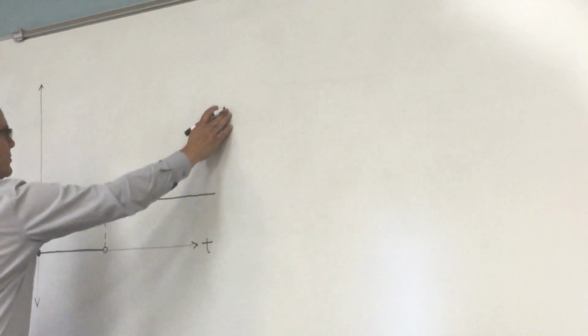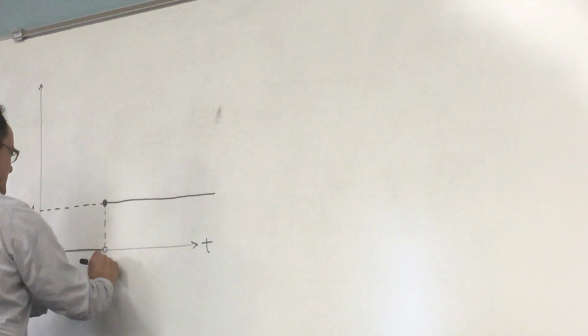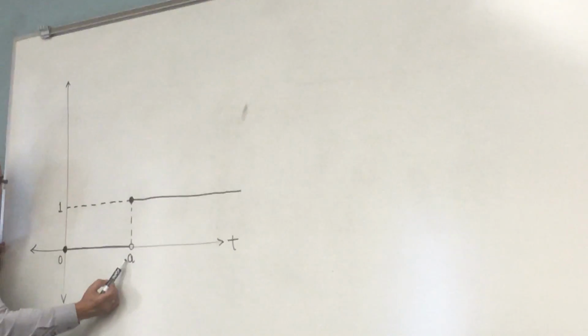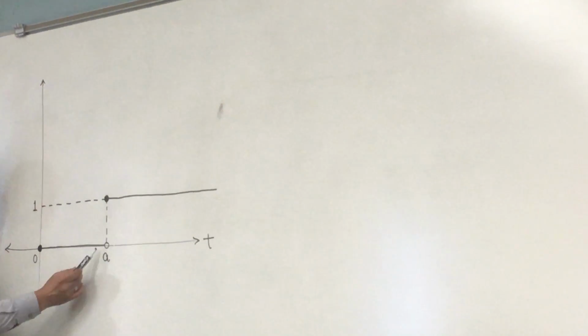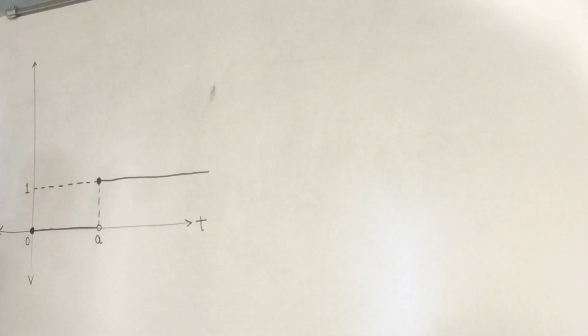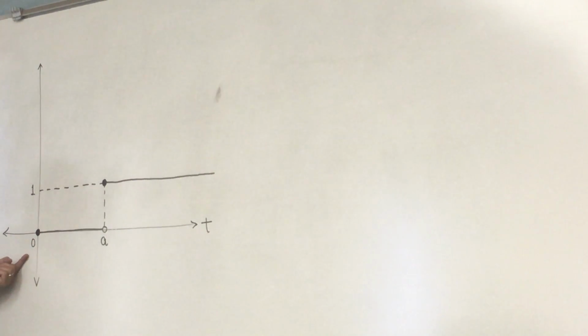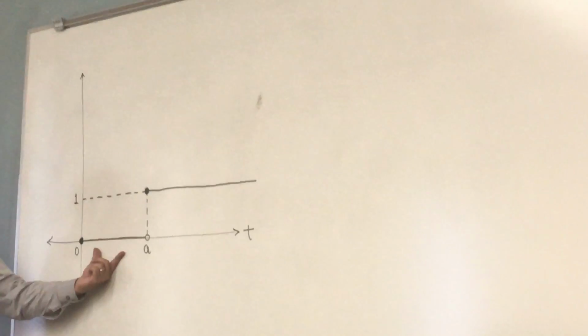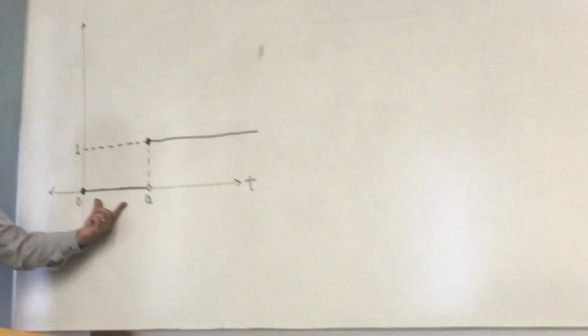You call this function, because that's at some value a, which could be anywhere positive, 3, 5, whatever. So thinking of those terms, if that would be the non-homogeneous function, it means that from time t equal to 0 to time t equal to a, the switch is off.